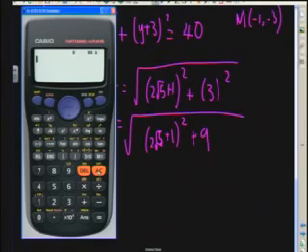So we're taking the square root of (2 root 5 plus 1), and we're going to square that entire thing, plus 9, and that's going to give us 6.24.